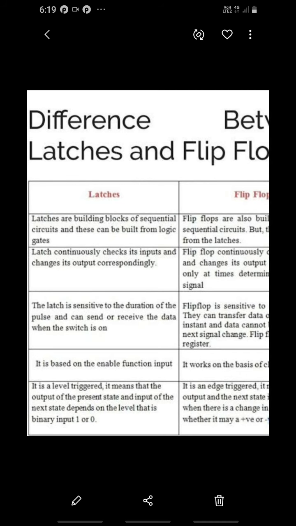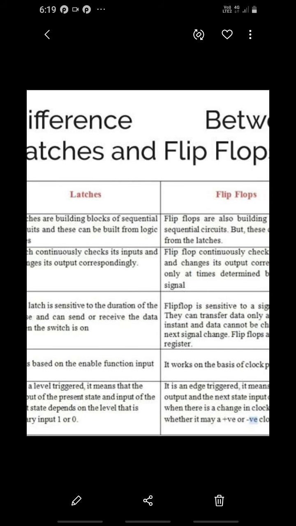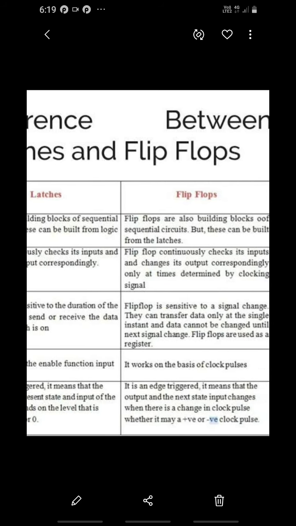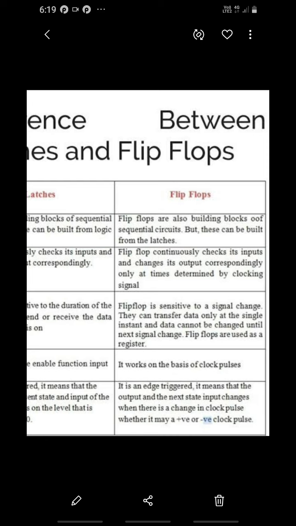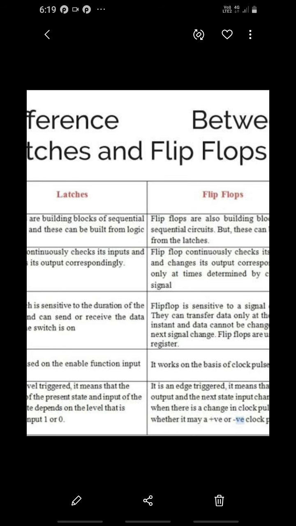Latches are building blocks of a sequential circuit, and they can be built from logic gates. Flip-flops are also building blocks of sequential logic circuits, but they can be built from latches.